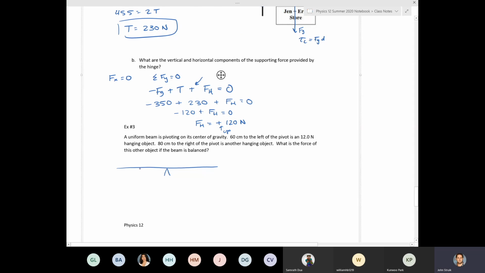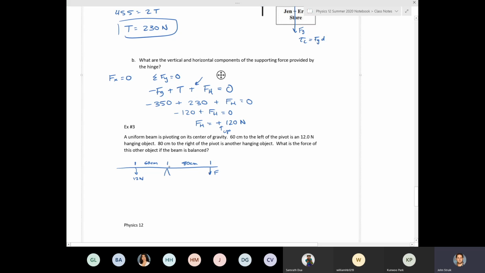So right here, there's 12 Newtons, 60 centimeters from the pivot. And then 80 centimeters to the right of the pivot, there's another hanging object, which we don't know. What is the force of this other object if the beam is balanced?